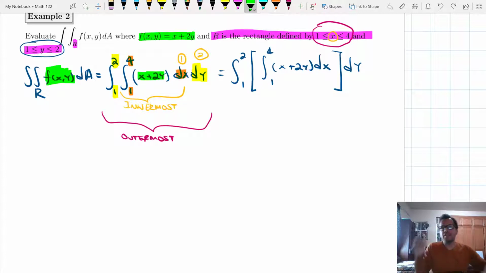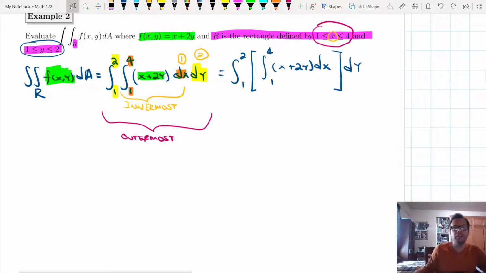However, I'm going to write a series of additional steps. Notice that we have two terms: the first term x and the second term 2y. That means we are going to write down two individual integrals.